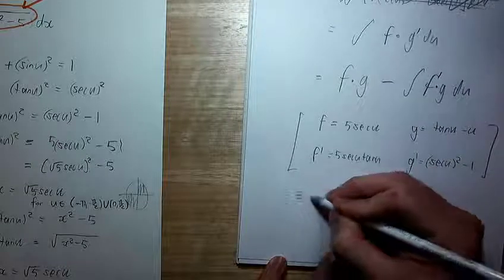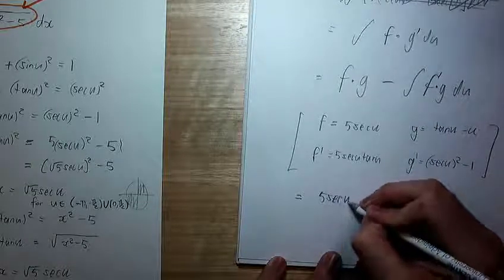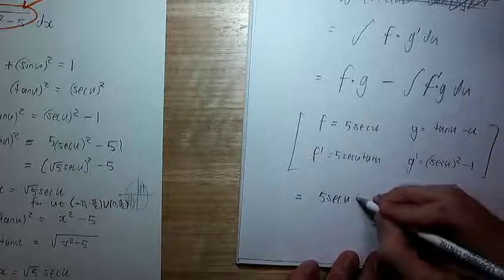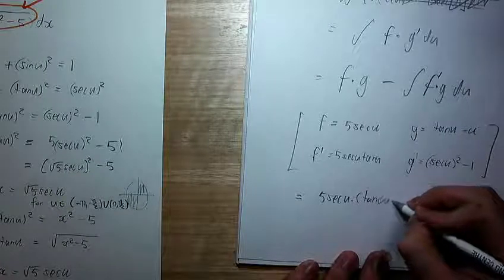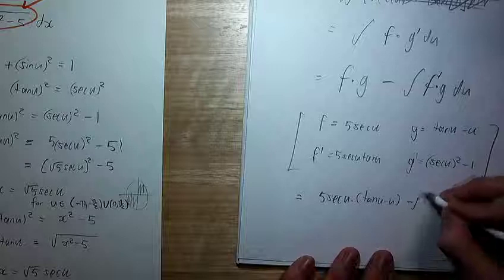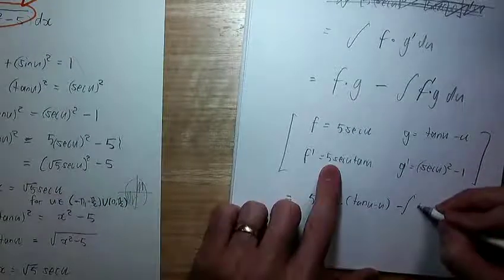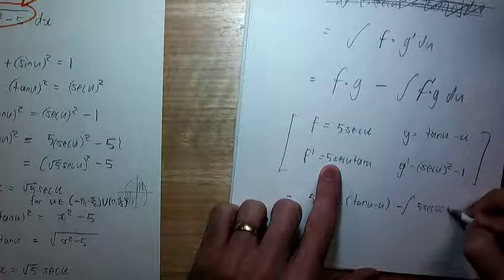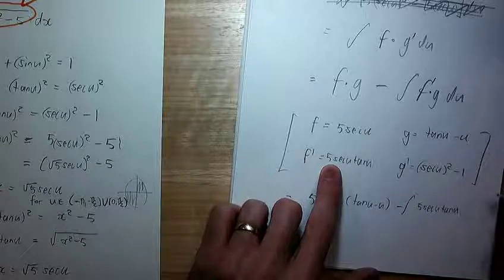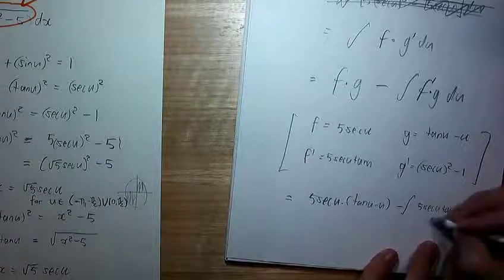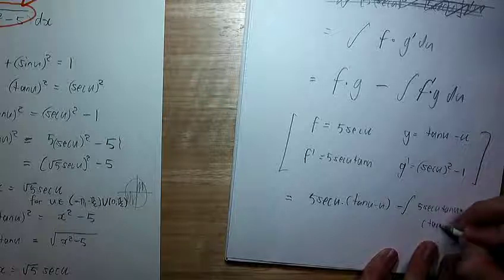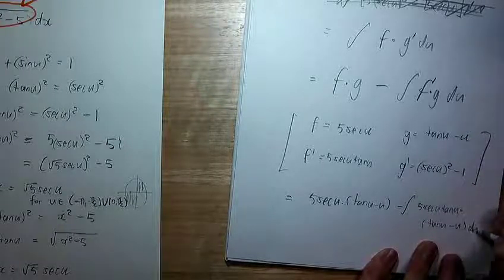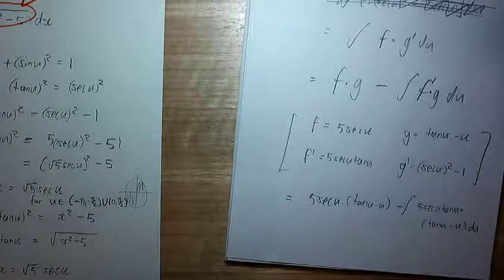And so what we get is f, which is 5 sec u, g, which is tan u minus u, minus f dashed, which is 5 sec u tan u, and g, which is worlds worse, because now we have a sec u tan u u.